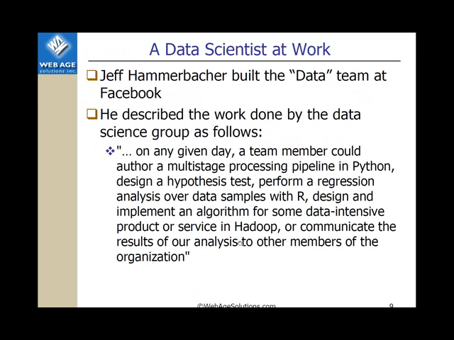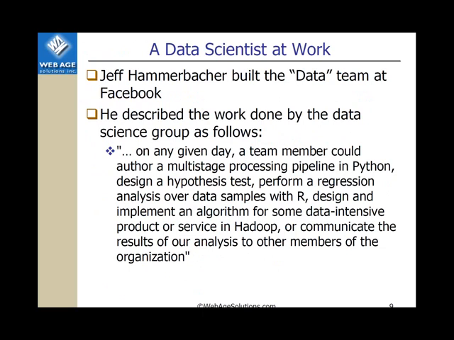And Jeff Hammerbacher, who used to work at Facebook a while back, in one of the interviews summarized what they were doing: their data science group at Facebook worked on a number of projects, and on any given day they pretty much multitasked.